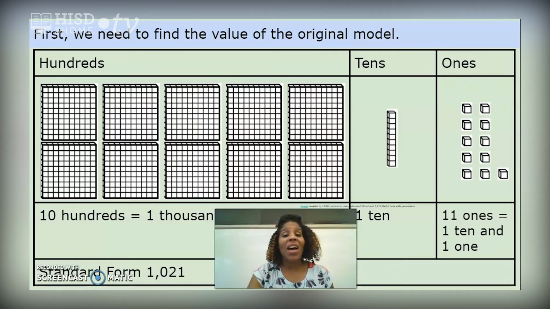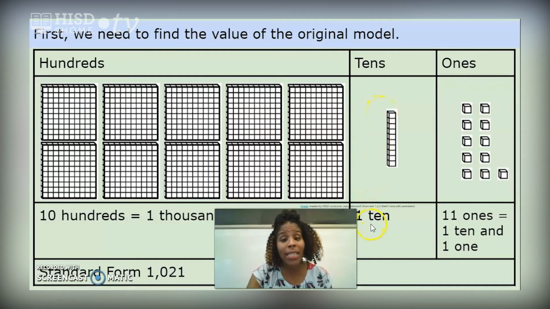First, we need to find the value of the original model. So we're going to do some counting. 100, 200, 300, 400, 500, 600, 700, 800, 900, 1,000. So we have 1,000. So 10 hundreds is equal to 1,000. Now we also have 10, which is 1 rod.